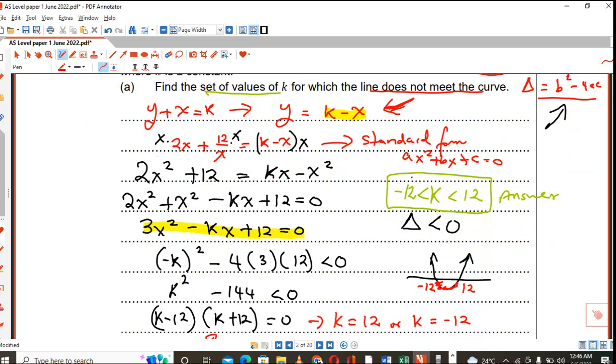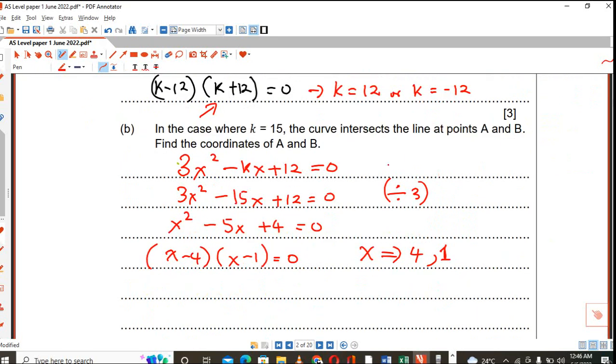But now we are given that k is equal to 15, so we're going to have y equals 15 minus x. If this is A, the x is 4, and I have to find the y value. If this is B, x is 1, and I have to find the y value. I'm going to substitute them both into this equation.